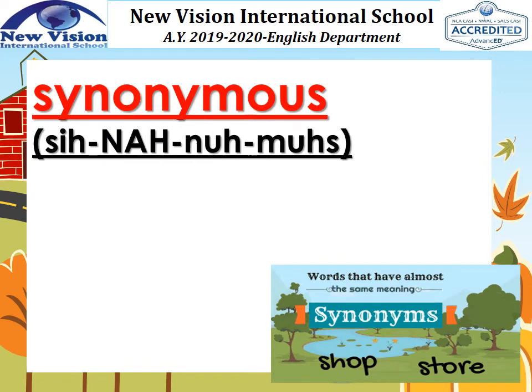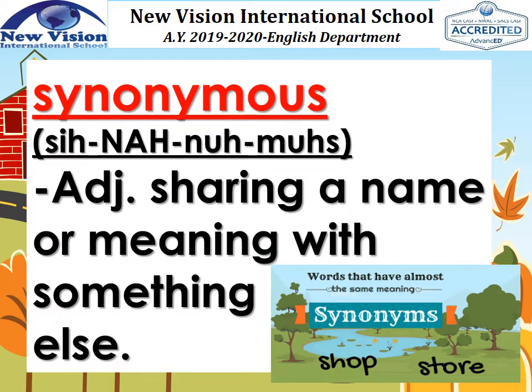Next word, say synonymous. Alright. It is an adjective which means sharing a name or meaning with something else. Just like the words shop and store, they share the same meaning. Though they are different words, just like pretty and beautiful. Those are synonymous. Say, synonymous.